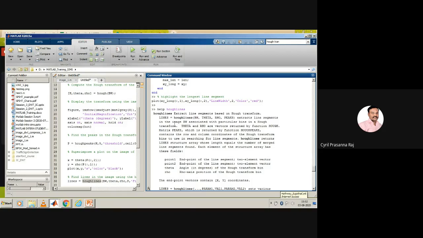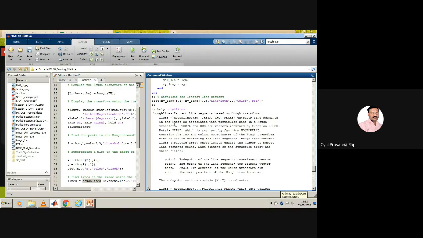That means since you would have already used houghpeaks, corresponding to those Hough peaks, the Hough lines are also going to be identified. So you can use houghpeaks and houghlines, and by setting those parameters, you can try to find all the lines available in a given image.